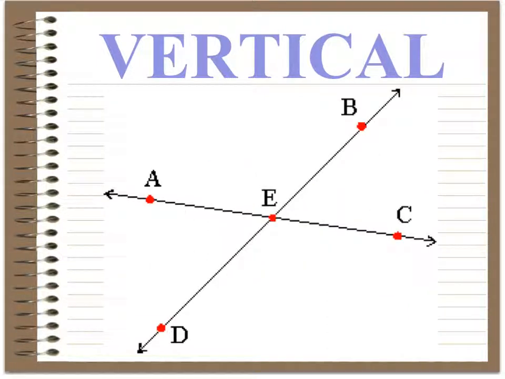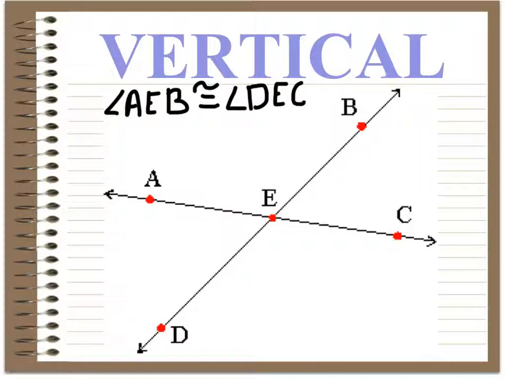So again, we're looking at two vertical angles. If we write it out, we say angle AEB is congruent to angle DEC, and again your symbols are important.